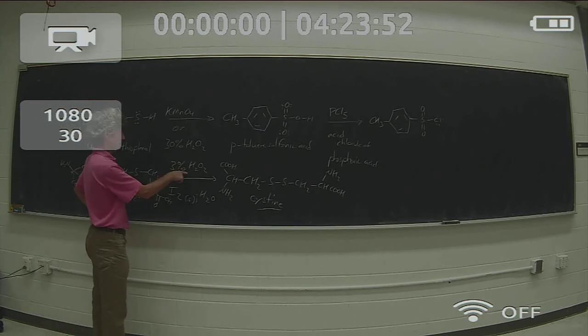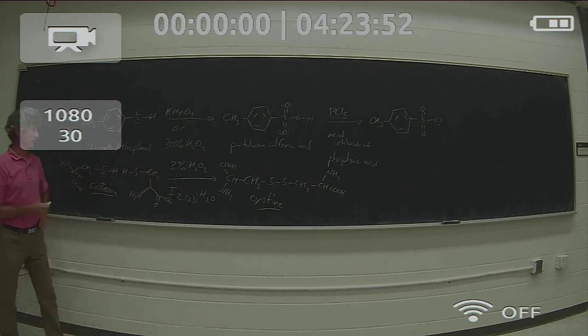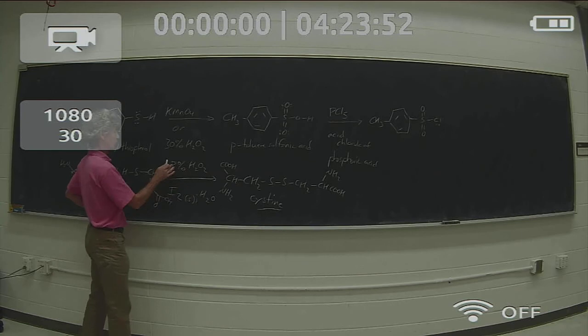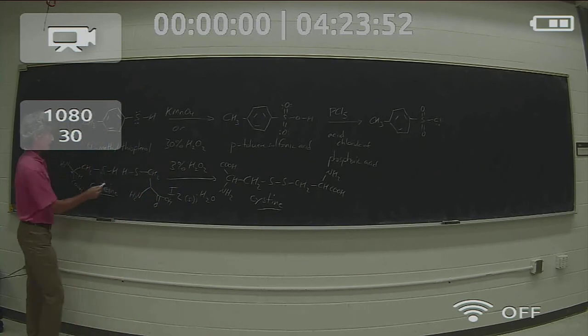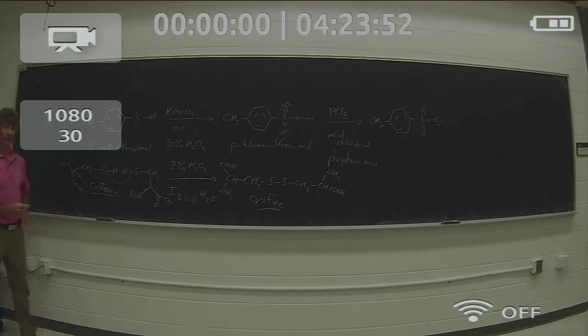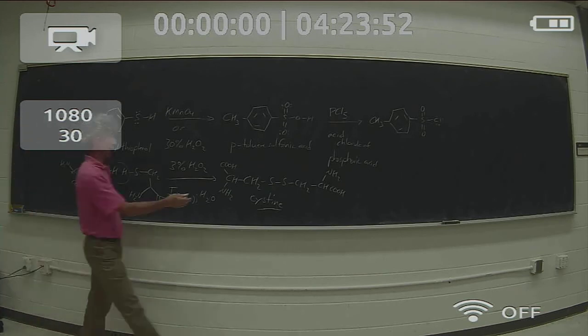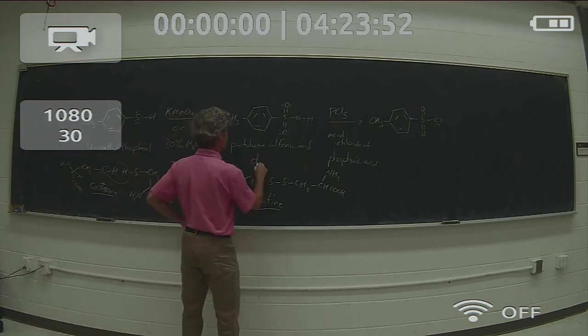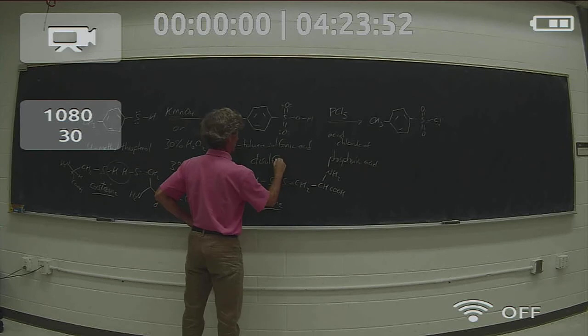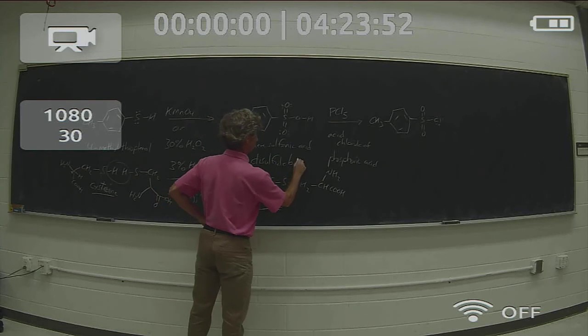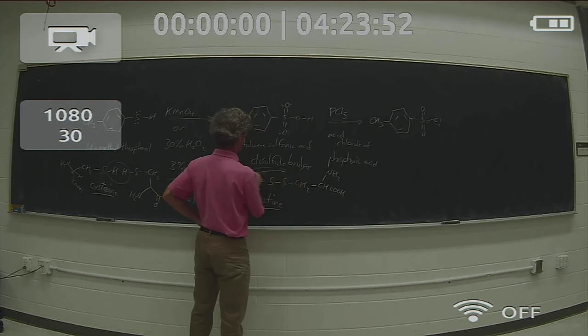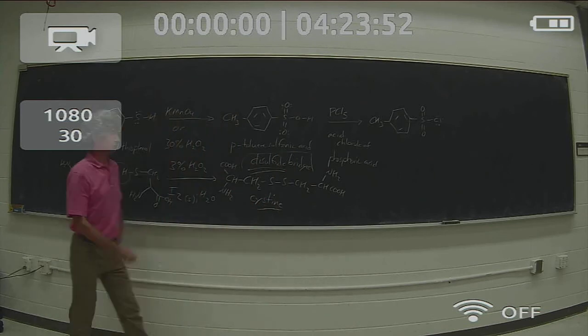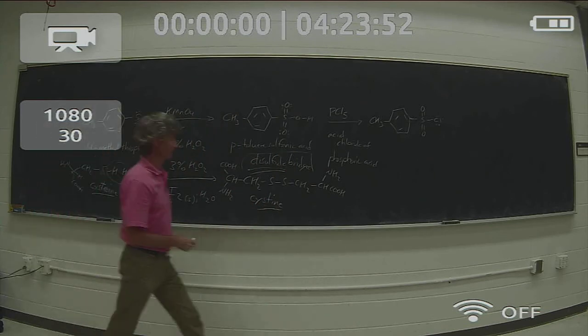So mild oxidizing agents, iodine, water, or 3% hydrogen peroxide, oxidize by removing two hydrogens to create a disulfide bridge. Which is the sulfur analog of the peroxide.